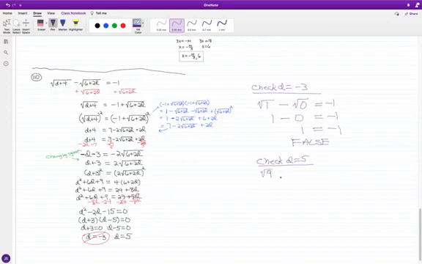For the next radical, you have minus the square root of 2 times 5, which is 10, plus 6 is 16. So the square root of 9 is 3, the square root of 16 is 4, and 3 minus 4 is negative 1. The left-hand side is negative 1, and the right-hand side is likewise.